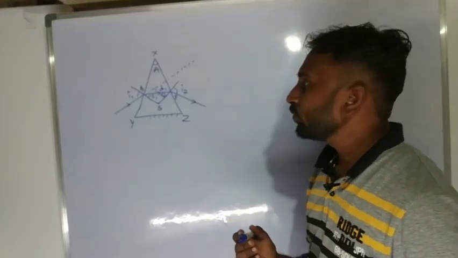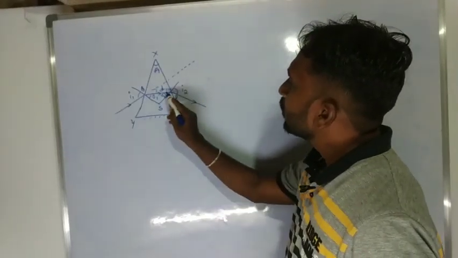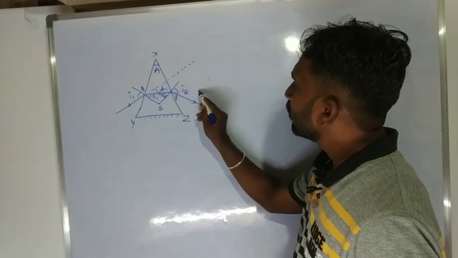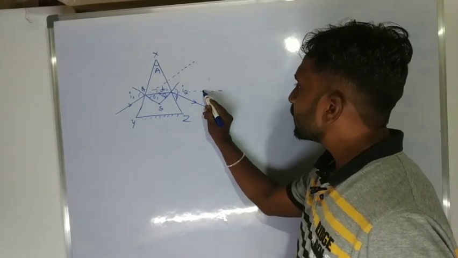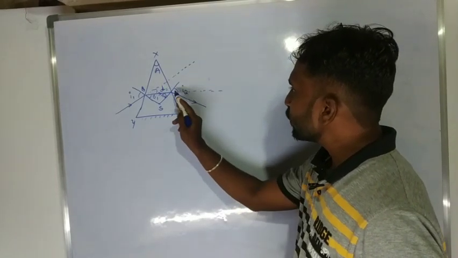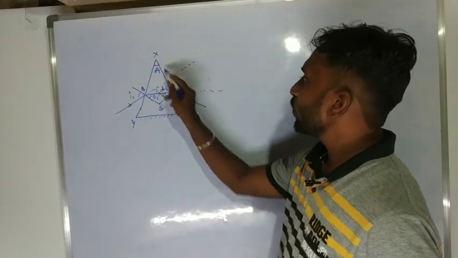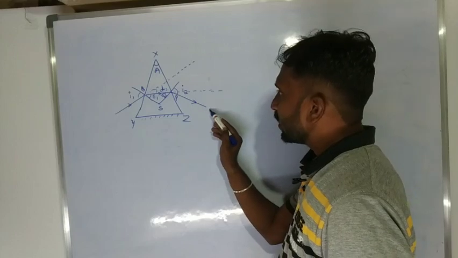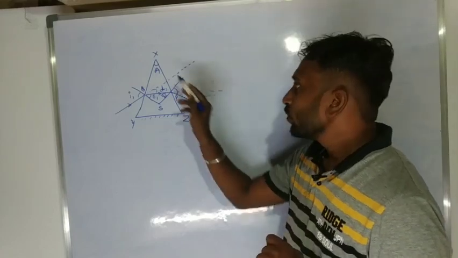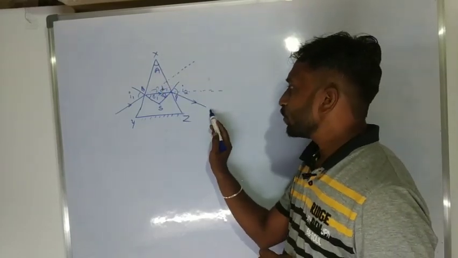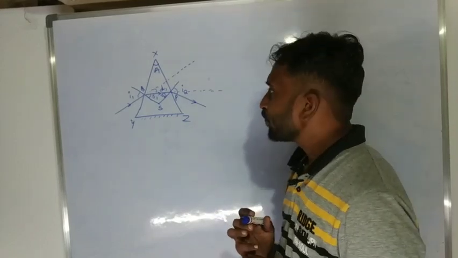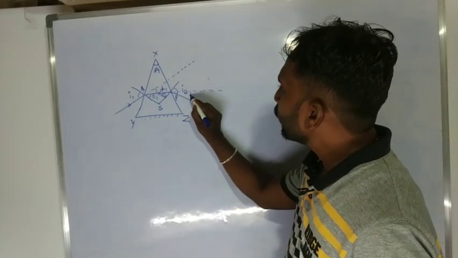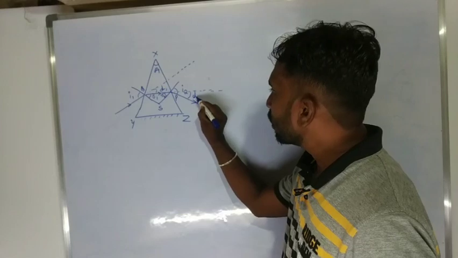Another one: this one is the extended incident ray for the second surface and this one is the refracted ray for the second surface. This ray we consider the emergent ray. This angle we consider the angle of deviation D2.